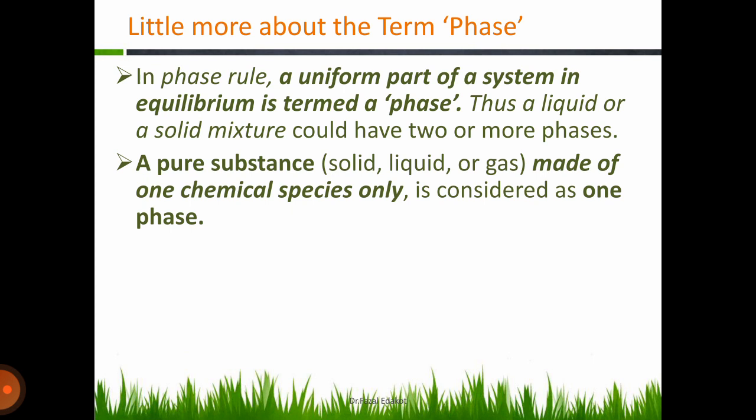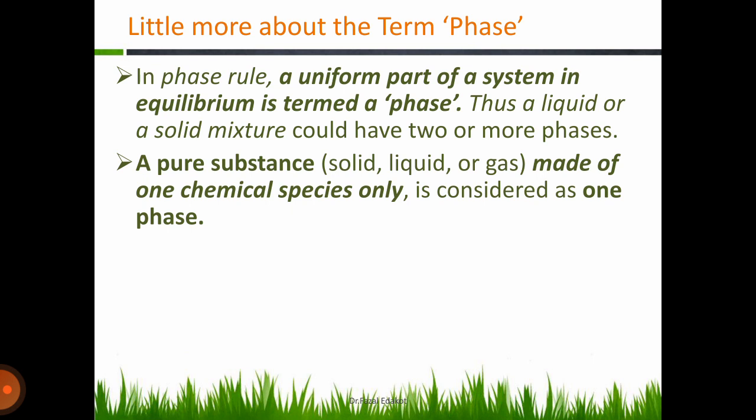So you are not going to make any change. Where it does exist, it is highly cooperating with the room temperature. That's why we say pure. If you take oxygen, oxygen is pure at atmospheric temperature. So a pure substance, it could be solid, liquid, or gas, made of one chemical species only, is considered as one phase.